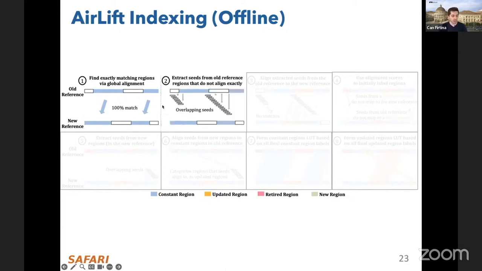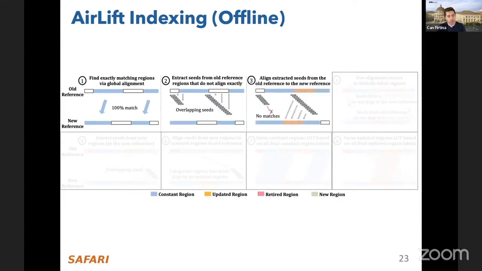For all the other regions that are not exactly matching between the 2 reference genomes, we extract the overlapping k-mers or overlapping seeds. These seeds are usually as long as the read length. For example, if we're using short Illumina reads of length 100, then these seeds would also have a length of 100. After extracting these seeds that do not align exactly between the old and new reference genome, we align them to the new reference genome.